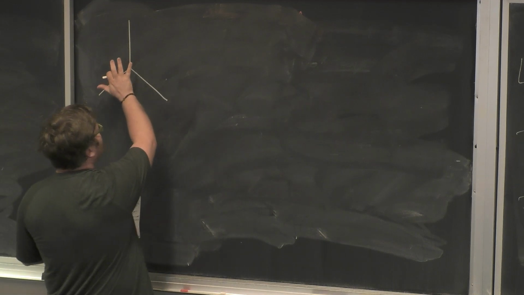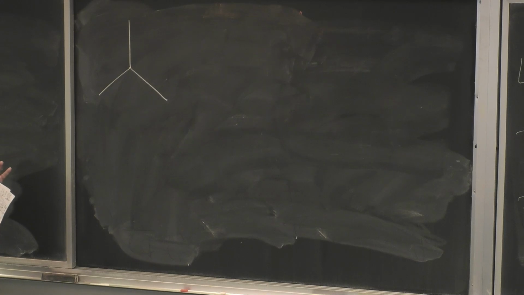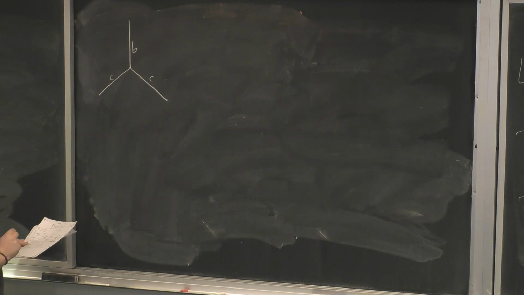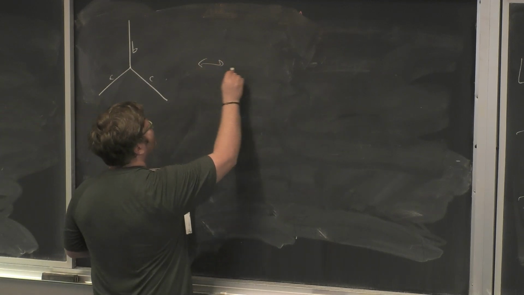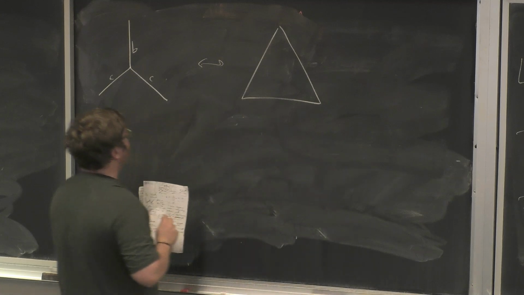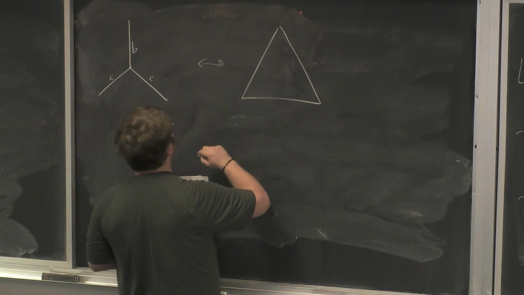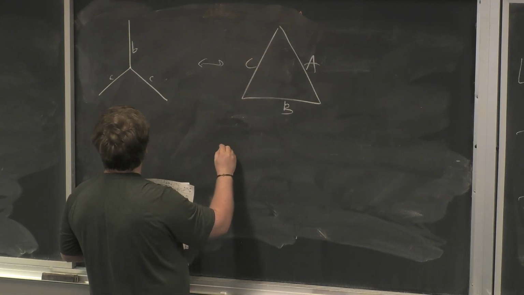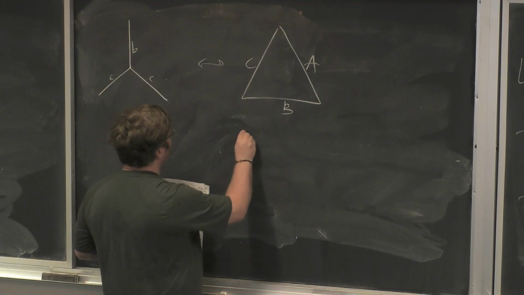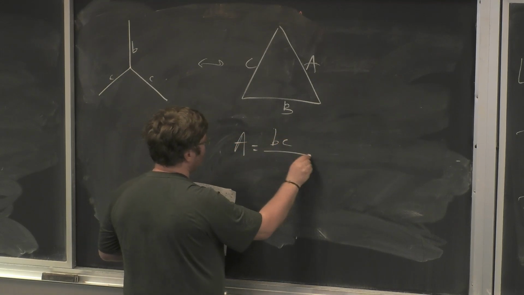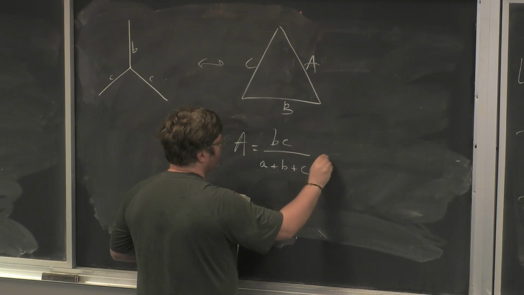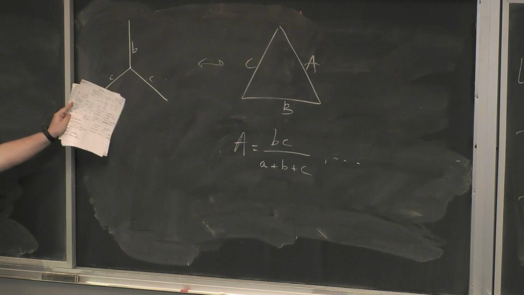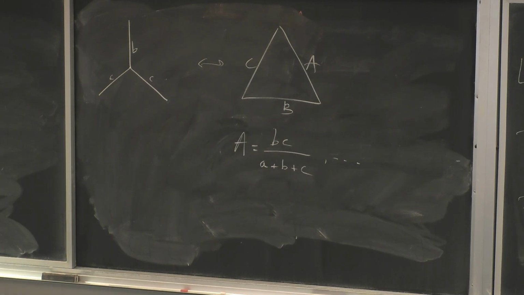So whenever you have a local piece of your electrical network somewhere inside which looks like this, and it has some weights A, B, C, you can transform it into a piece which looks like this, and then here you would plant A, B, C, and there are some precise formulas, like, let's say, A would be equal to BC over A plus B plus C, etc. In fact, we've seen those when I was writing the response matrix for this thing. If you carefully looked at what I wrote, you could see those formulas there.